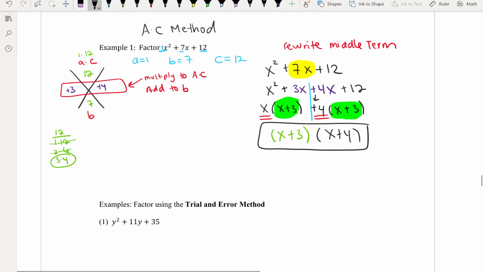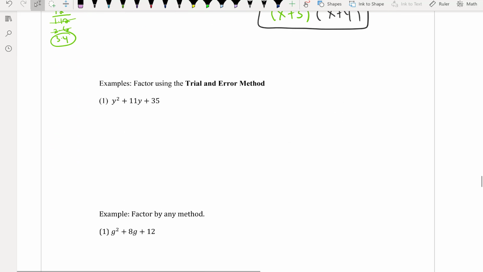Now for the second one, I'm going to try trial and error. Trial and error just means I'm going to guess it and check it and see if I can come out with it. So 35, let's look at the multiples. I have 1 times 35 and 5 times 7. Are any of those combinations going to add together to give me 11? 1 plus 35, nope, that's not going to give it to me.